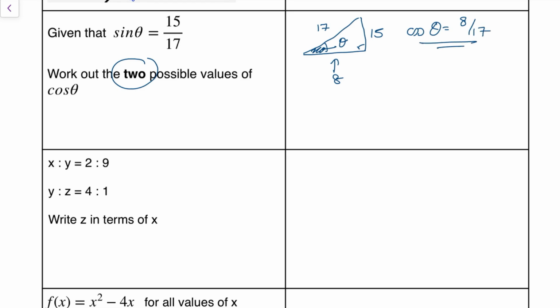That's only one solution though. The other solution comes from the idea that you recognise that cos theta does that, whereas sine theta does that. I've drawn that badly, but you know what I mean. Which means that I can also have a negative solution. So in other words, the answers to my questions are 8 over 17 and minus 8 over 17. In other words, the square root of plus minus.